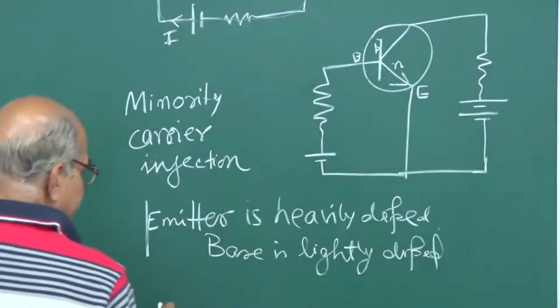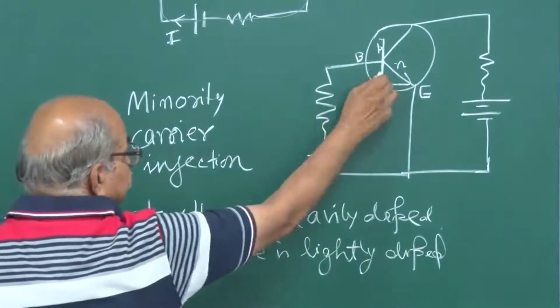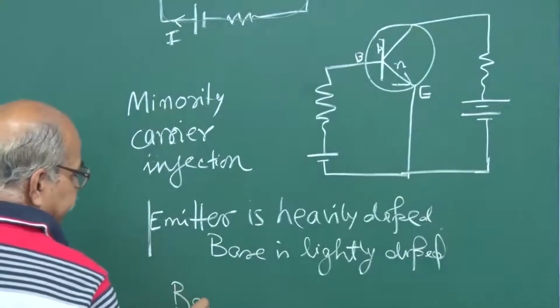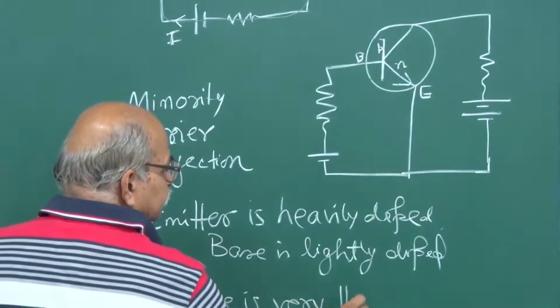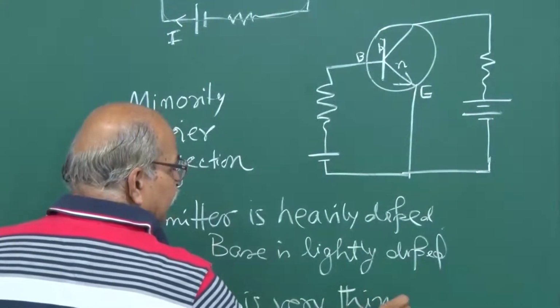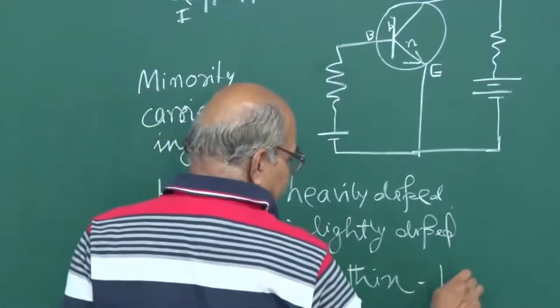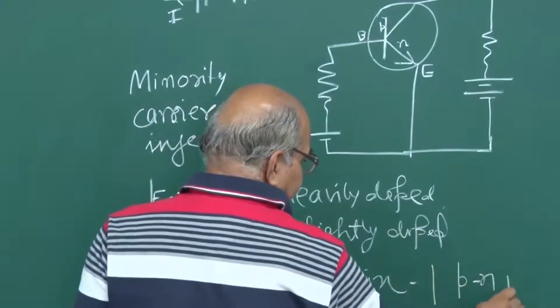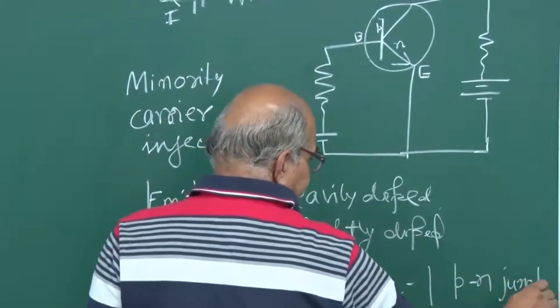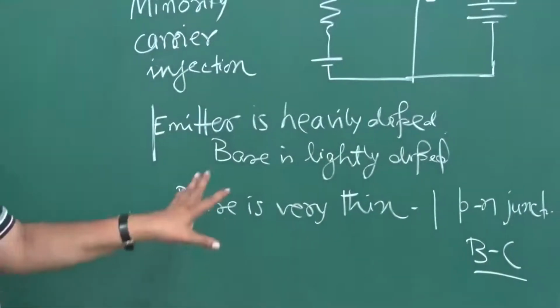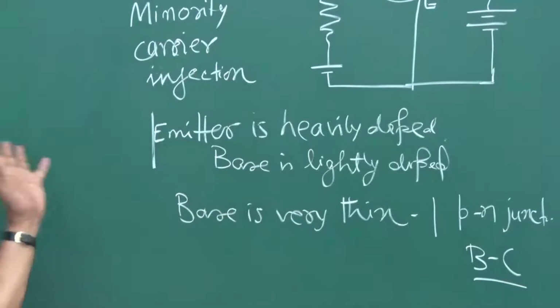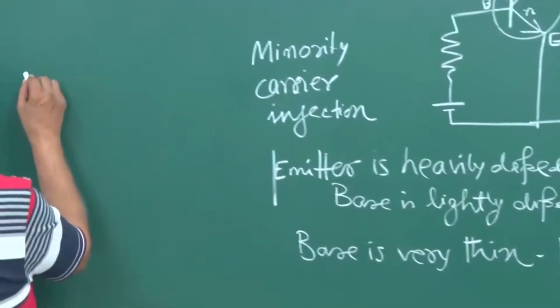And the other thing is this base is very thin, and after that you have another PN junction. Which PN junction? Base collector. Base collector junction is right there. So now the situation is something like this.